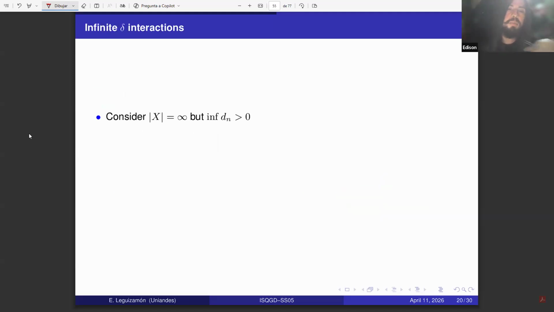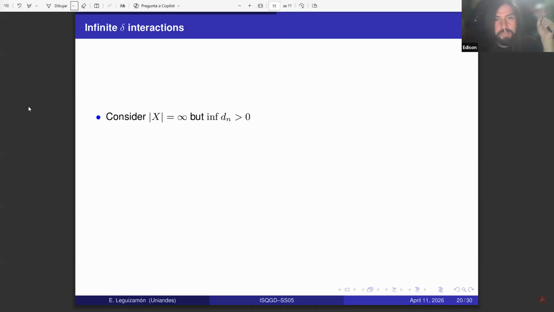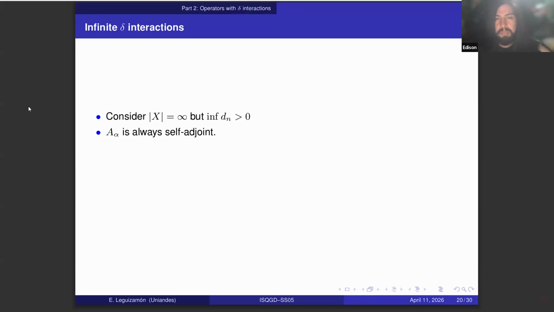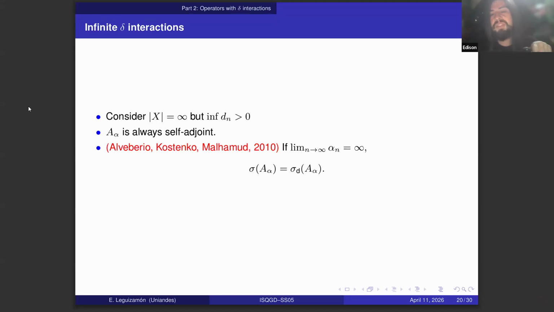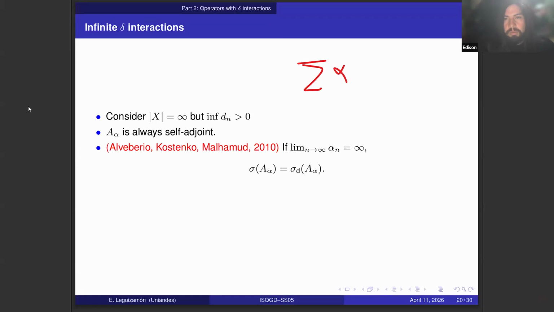So let's move to the case of infinite interactions. So we have the bad infinite interaction, but no accumulation even at infinity. It happens again. My operator is always self-adjoint, and just to recall, my interactions are of this form, delta of x minus x_n.